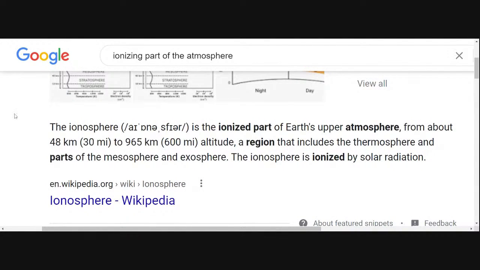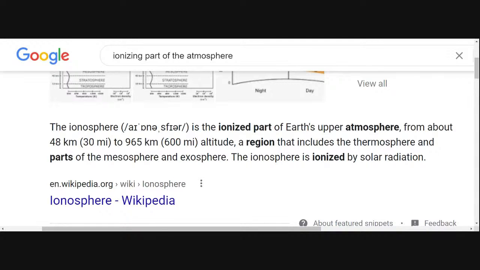Okay, so now understand this. The ionosphere is the ionized part of Earth's upper atmosphere from about 48 kilometers, 30 miles up, to 965 kilometers, 600 miles altitude, a region that includes the thermosphere and parts of the mesosphere and exosphere. The ionosphere is ionized by solar radiation.